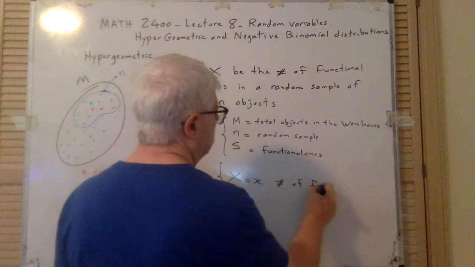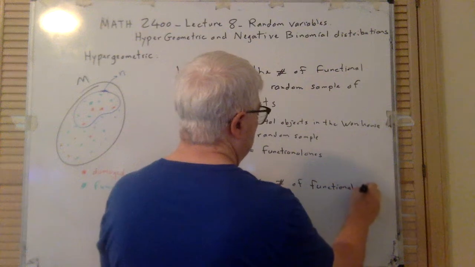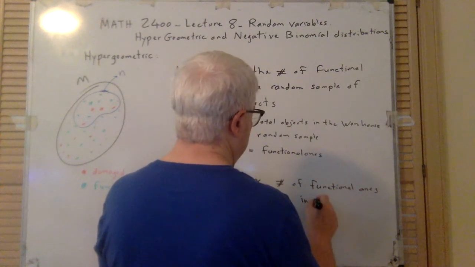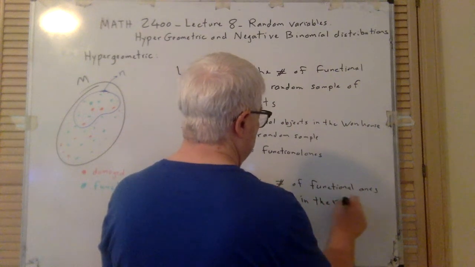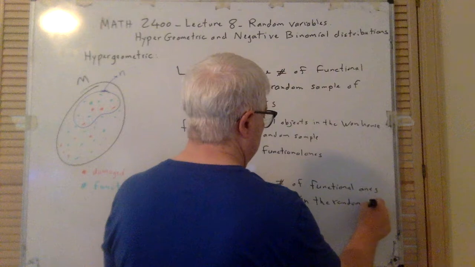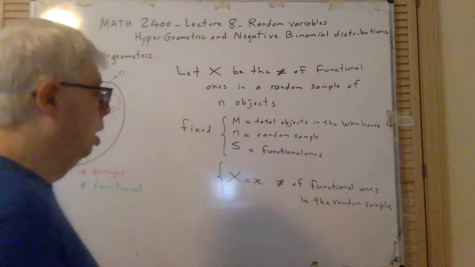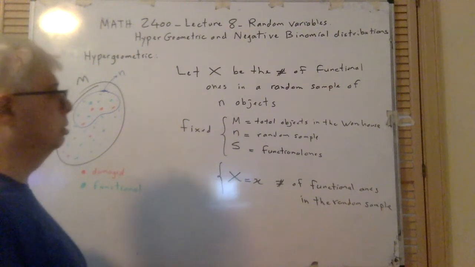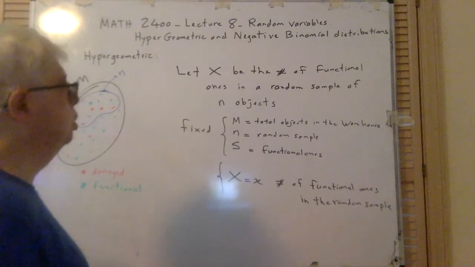Number of functionals. So this is like dependent. This is what we have.